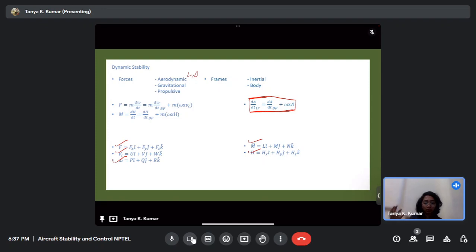The forces, the velocity, the momentum, what all? Give three categories of forces. What all are measured in inertial? What all are measured in body? Are they all measured in body? Are they all measured in inertial? Aerodynamic forces, lift and drag, are they measured in the body frame or inertial frame?